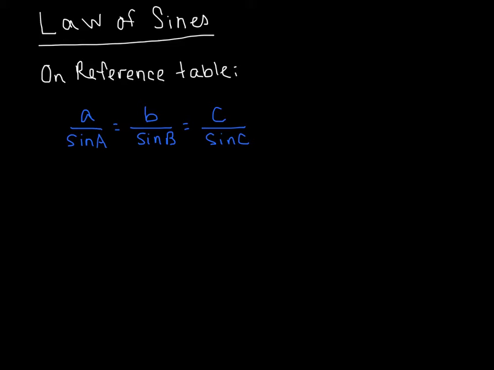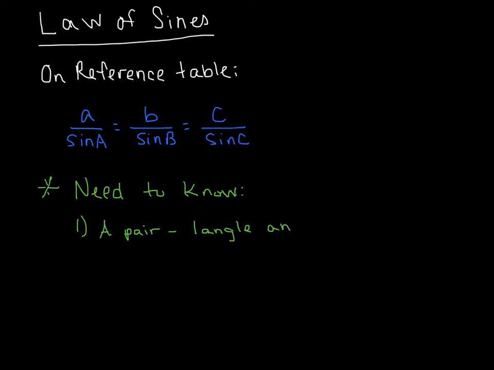When you know you need to use law of sines, you need to know a pair, including one angle and side of the same letter.